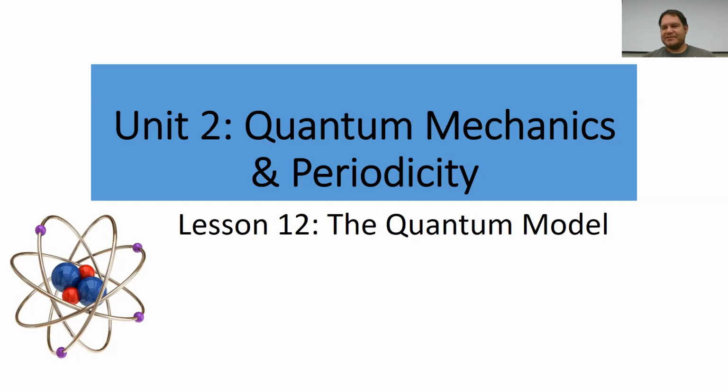And so he said that electrons have a specific quantity of energy and that there are specific quantum levels or energy levels in the atom, meaning that the electron can only be at specific locations within the atom. They can't be anywhere they want, but are at specific locations. And those locations we know as energy levels or shells.